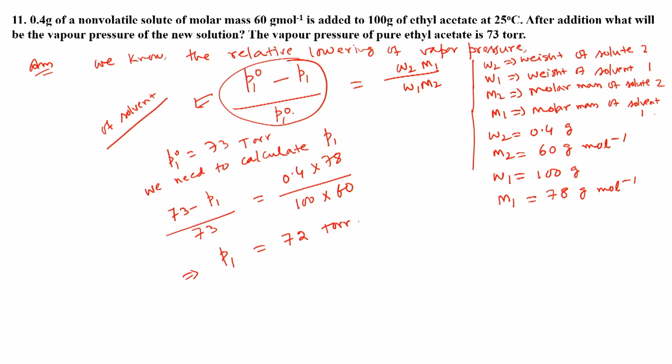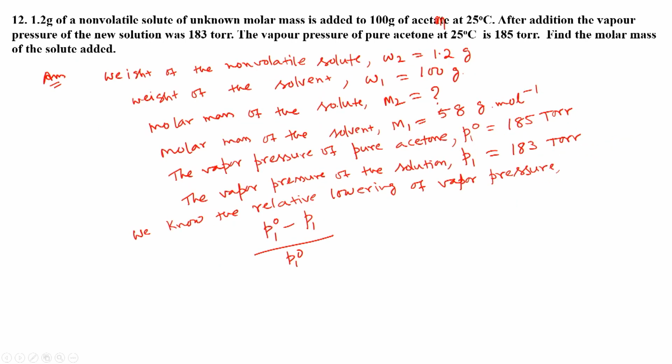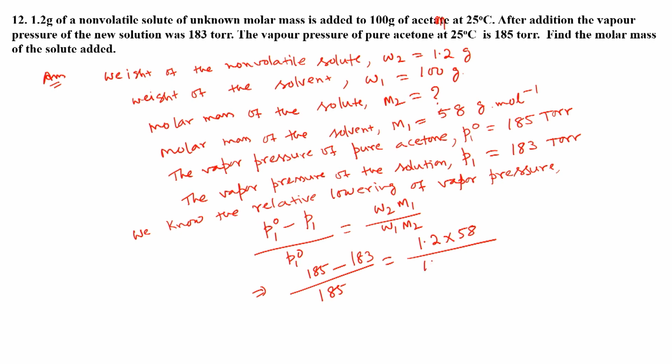P1 naught minus P1 by P1 naught is W2 times M1 by W1 times M2. Now we substitute all the values. P1 naught is 185, P1 is 183, and P1 naught again is 185. The value of W2 is 1.2, M1 is 58, and W1 is 100 times M2.